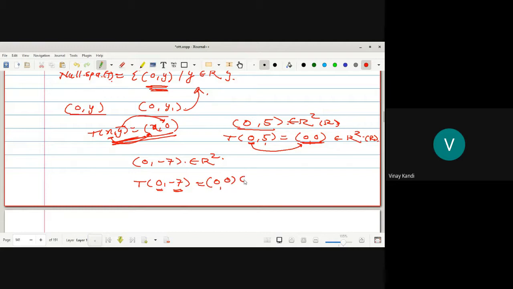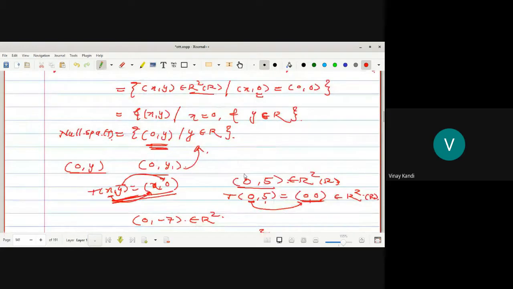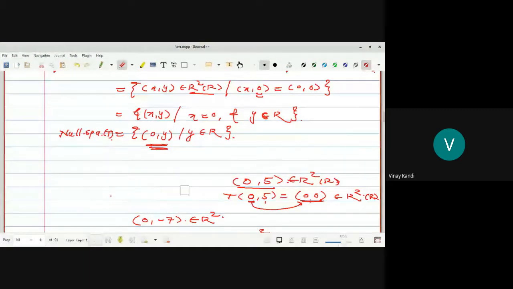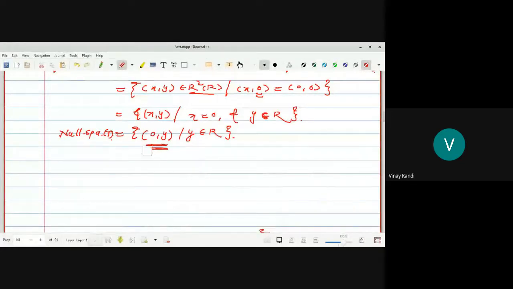The zero vector of R2 over R. So an element of the type (0, Y) is the null space of T. Any doubt up to here? This is the definition of null space.